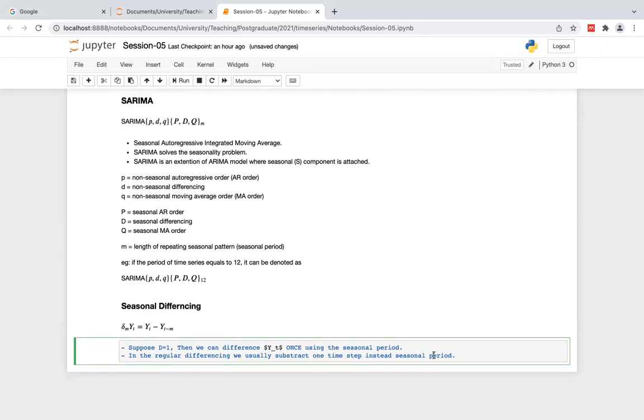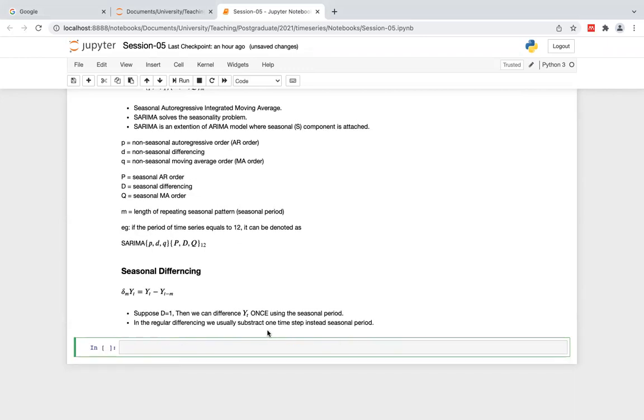What happens once capital D equals 1? We are differencing only once with the seasonal period.